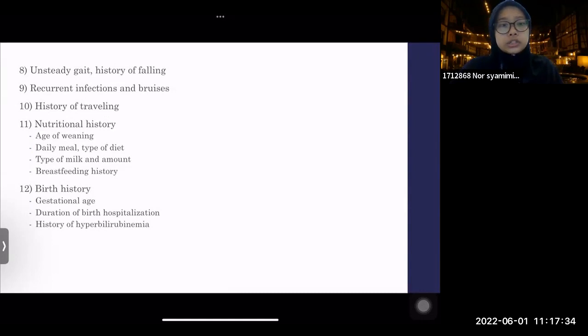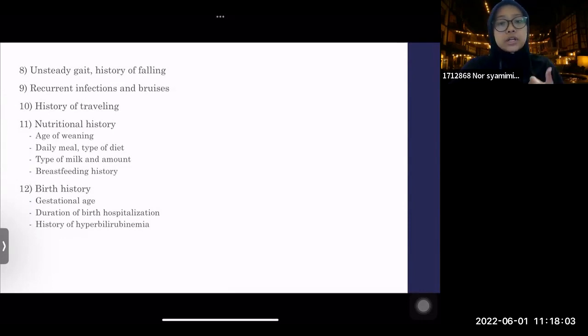And an important thing is to ask about the nutritional history, the age of weaning, because iron deficiency anemia can develop when the patient has a delay in the introduction of weaning. And also ask about the daily meals, what type of diet the patient has in a day, and if the patient has milk, not breastfeeding, ask about the type of milk, whether it's cow's milk or goat's milk, because it can lead to different types of anemia, and also the amount of milk.